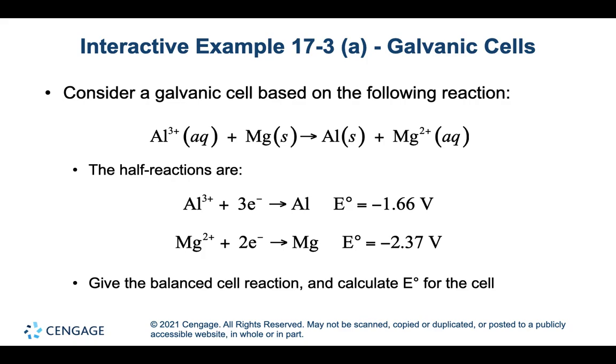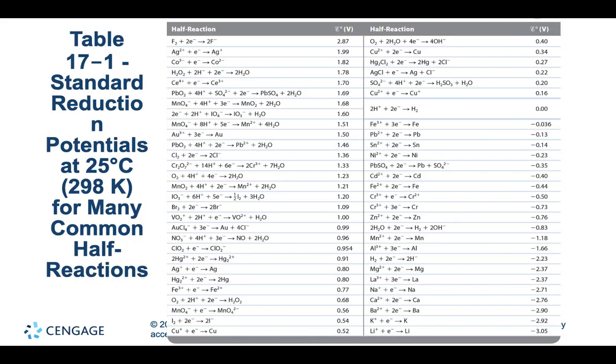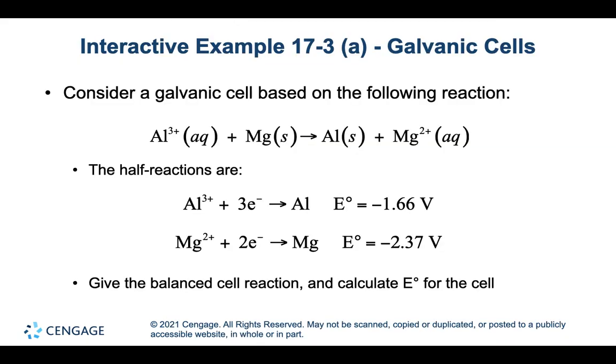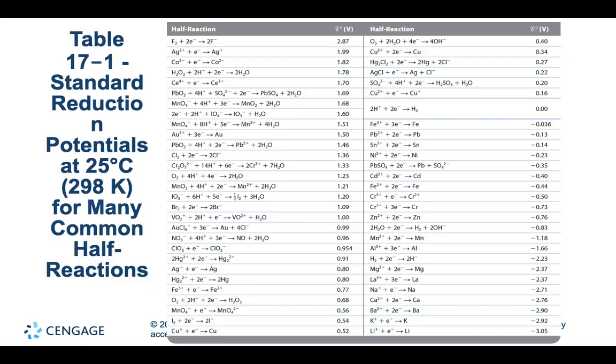I looked that up in the chart. That reaction is at negative 1.66 volts, right side, 2/3 of the way down. And the other reaction would be Mg plus 2 plus 2 electrons makes Mg, and that's found at negative 2.37.